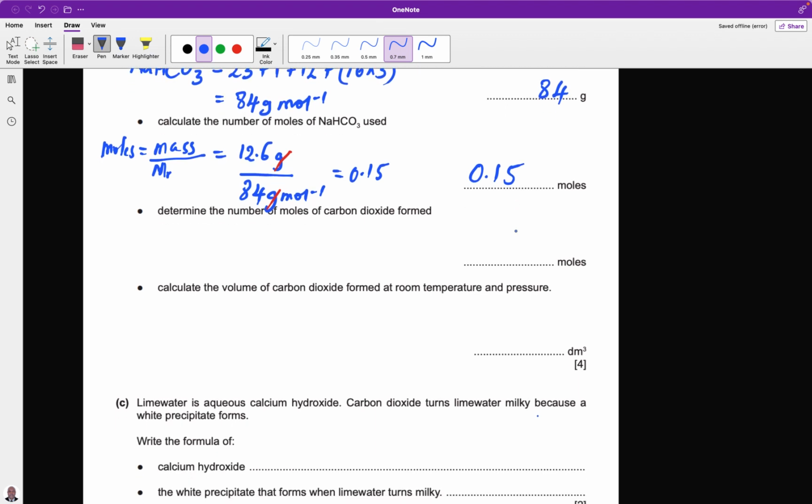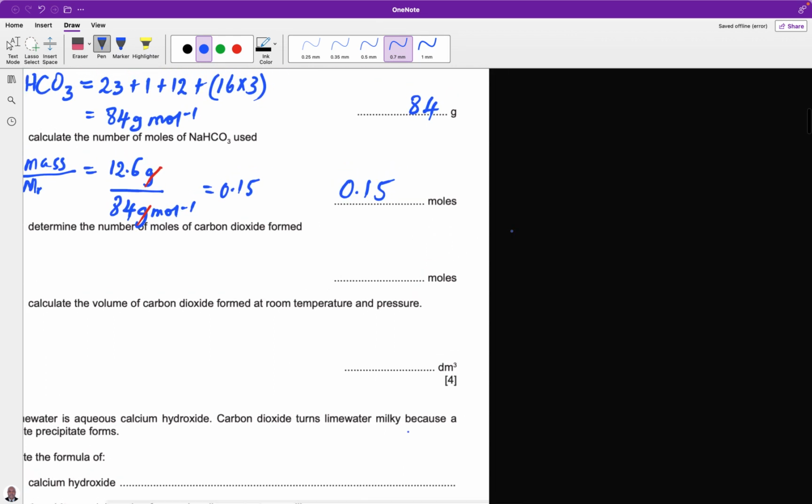Now, determine the number of moles of carbon dioxide formed.